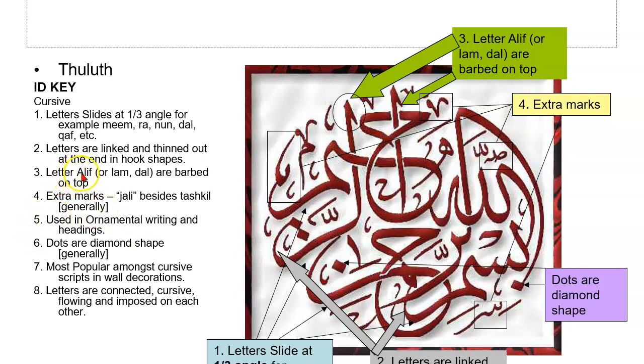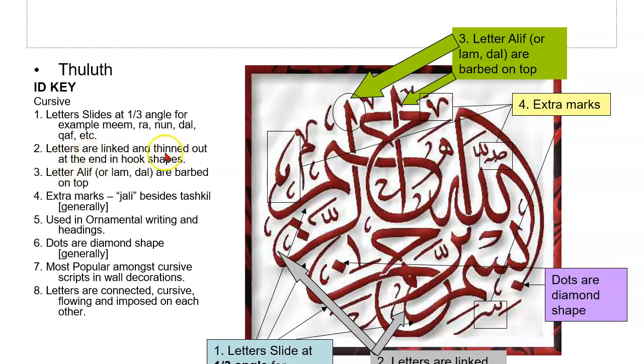Letter alif or lam or dal are barbed on top. I wanted to talk about that. So look at this. Whenever you find this, sometimes they do it in Nusk too, but for the most part, if you see it etched like that, that's a good indication that it's sulus.